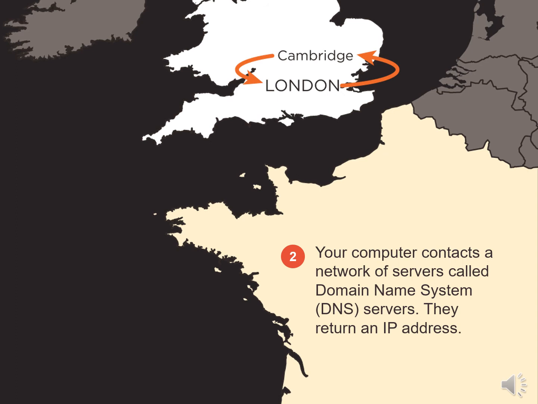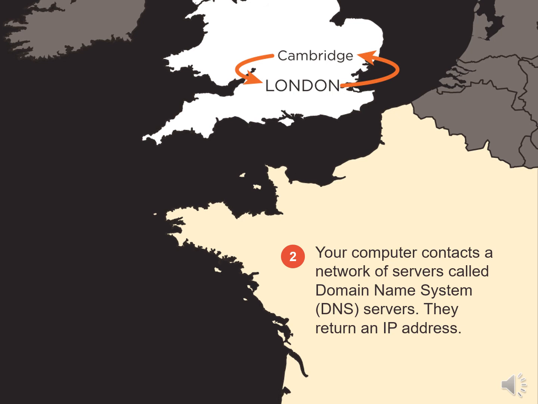So the second step is that, in Cambridge, you will just send the request to the ISP, and the ISP will contact the DNS server. DNS is domain name system servers, because we said we need to translate from the URL to IP address.